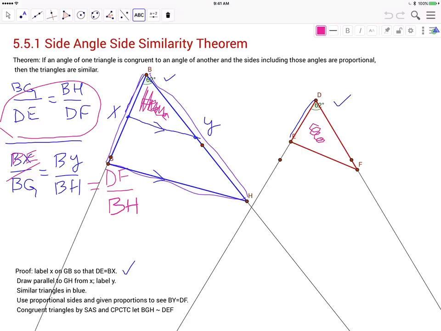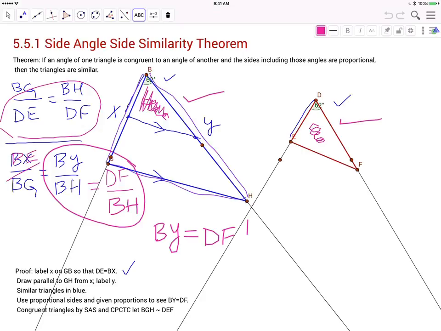Now, if we look at this situation right here, BY relates to BH the same way that DF relates to BH. Well, doesn't that mean that BY must be equal to DF? Yes, it does. So DF is equal to BY.